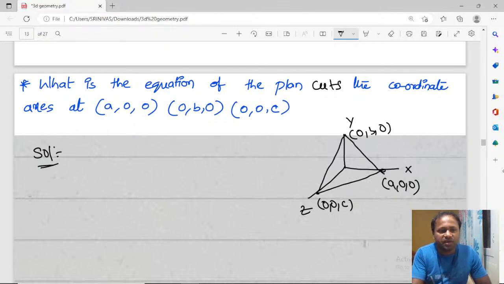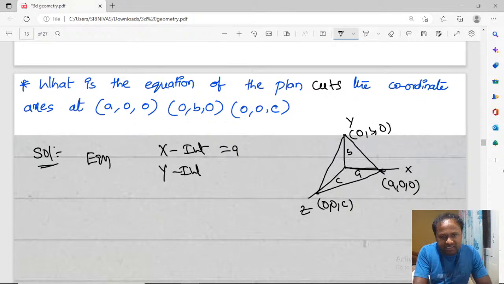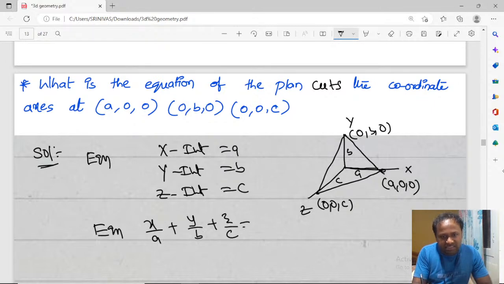So for the equation of the plane here, x-intercept is a, y-intercept is b, z-intercept is c. Then the equation will be x by a plus y by b plus z by c is equal to 1.